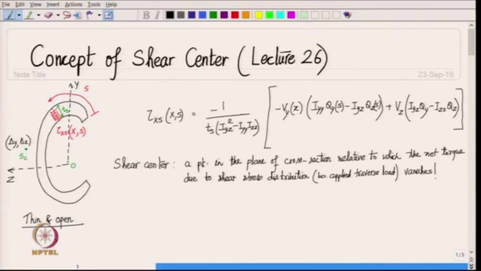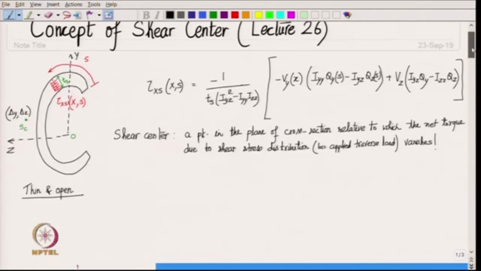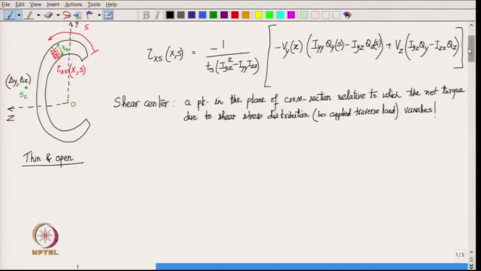So, to find this, we have to simply write down the formula for torque due to shear stress distribution. Recall that torque is the moment along the axis of the beam, that means in the x direction. So, what we can do is simply find the moment about the shear center and then dot it with i, that will give me torque.